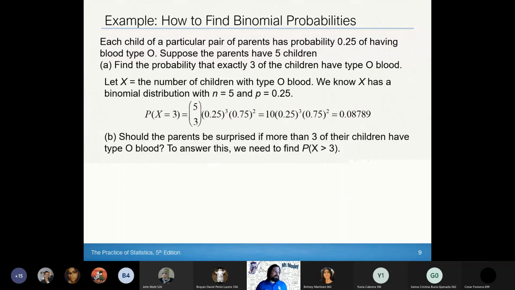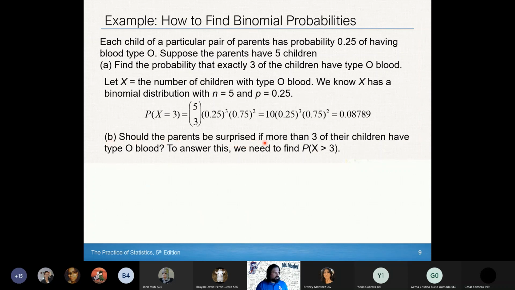We say the probability of X equaling 3 is equal to 5 choose 3 times 0.25 to the third times 0.75 squared, which equals 10 times 0.25 cubed times 0.75 squared, equals 0.08789. So again, they've shown the work here, and we could do this in the calculator using the binomial PDF function.